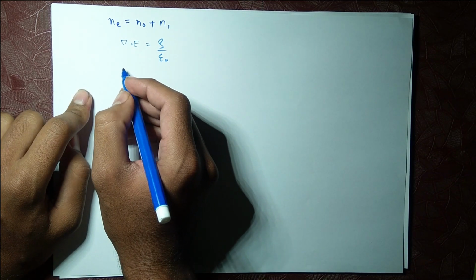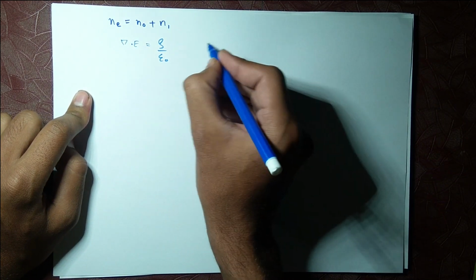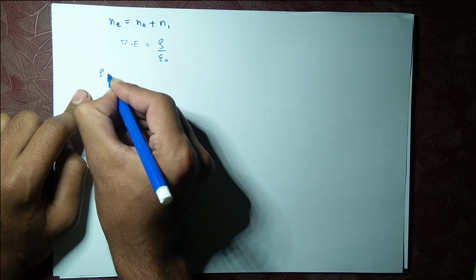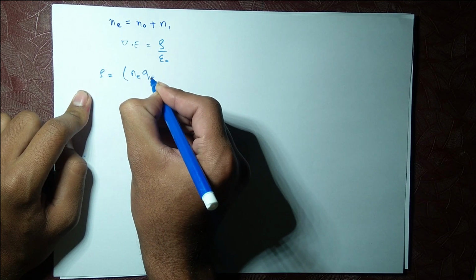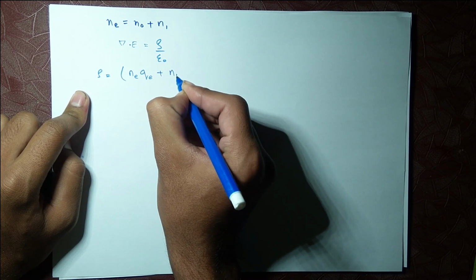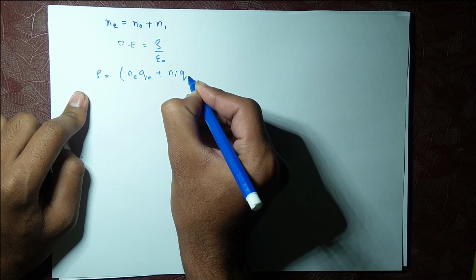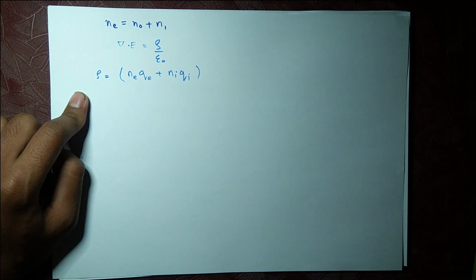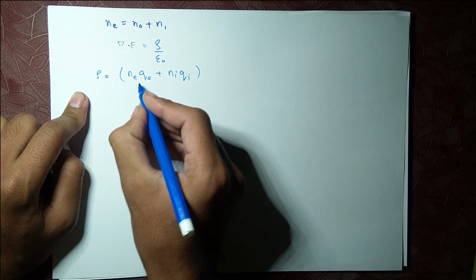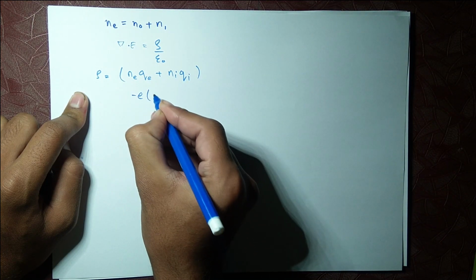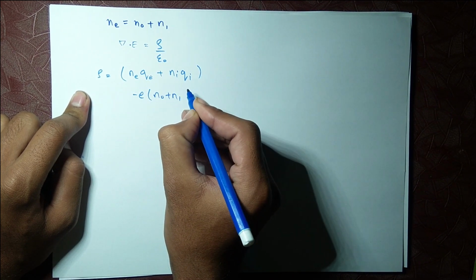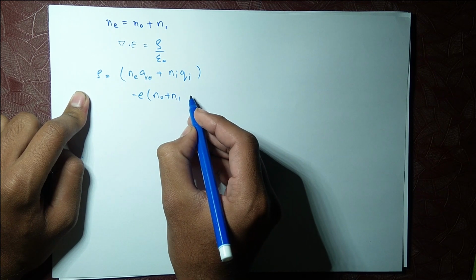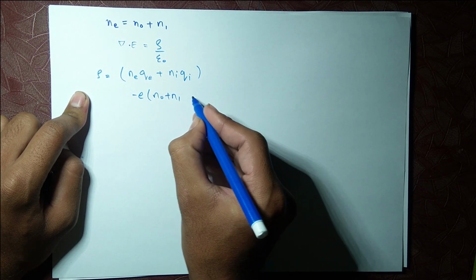As we know, the density of a plasma, rho, is equal to the number of electrons times the charge of the electron plus the number of ions times the charge of the ion. So for electrons this is negative e times Ne, which is N naught plus N1.